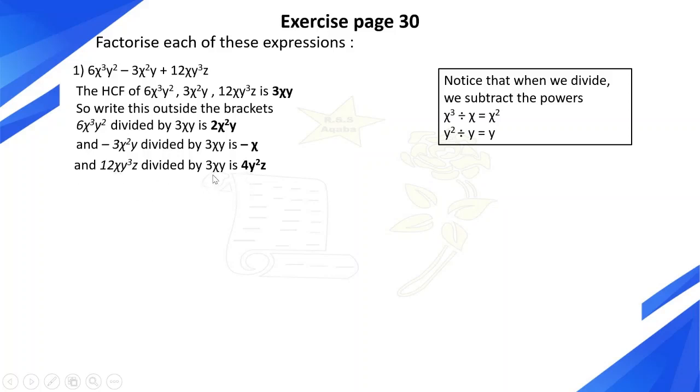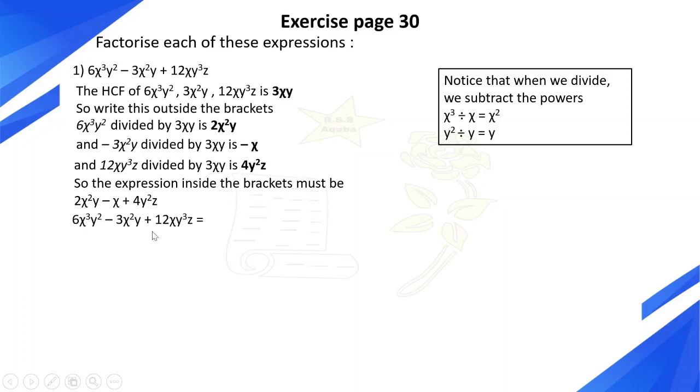Simplify x with x. Y cubed out of y equals y squared, because we subtract the powers. 3 minus 1 equals 2. Z out of 1 equals z. So the expression inside the brackets must be 2x squared y minus x plus 4y squared z.